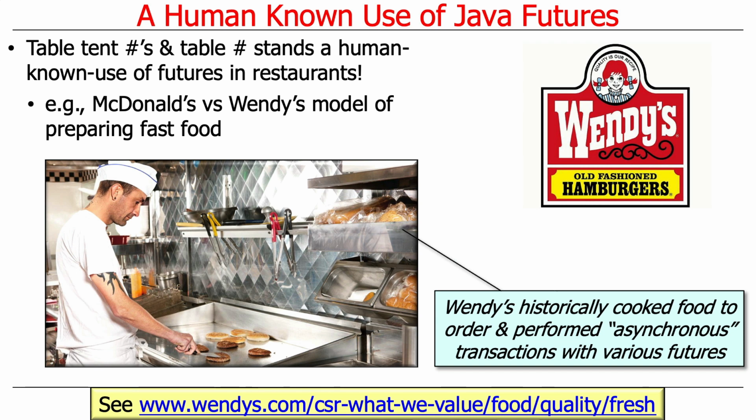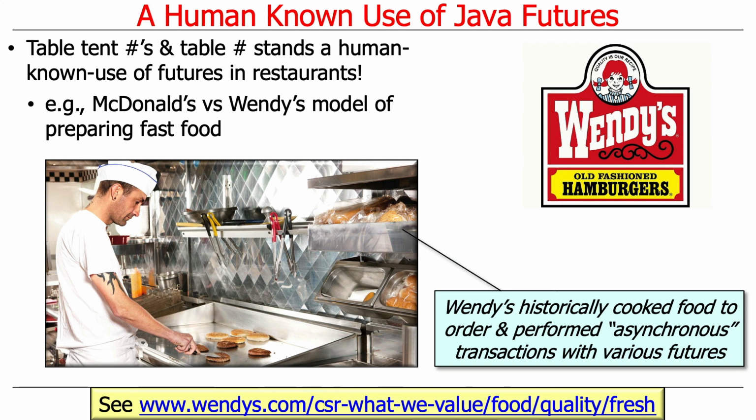At some point, someone came along and said, hey, we're gonna be better than McDonald's, probably not much more healthy, but we're gonna cook your food to order. In that case, rather than waiting synchronously for your order to be served from the cache of pre-cooked hamburgers and French fries, you would place your order and they would give you a table tent number or table stand or just a receipt with a number on it.